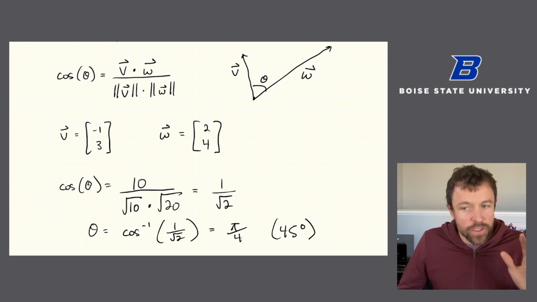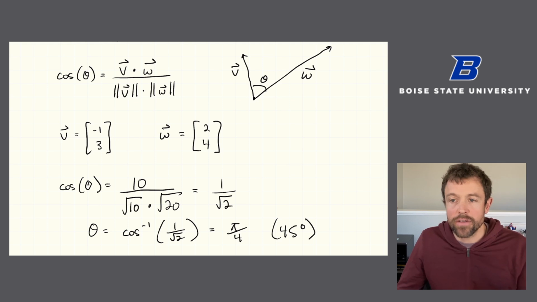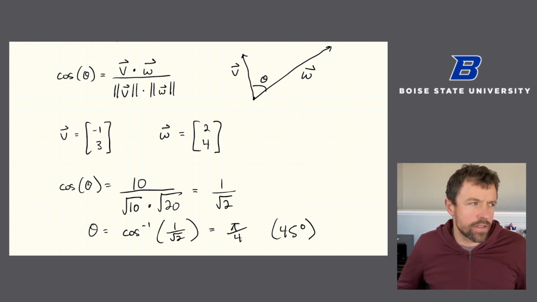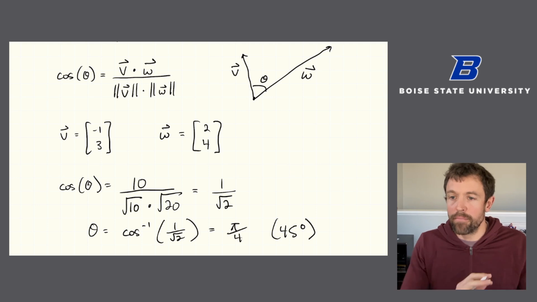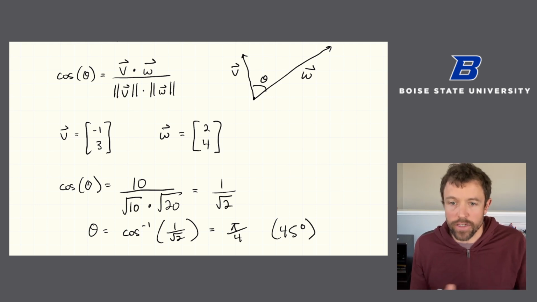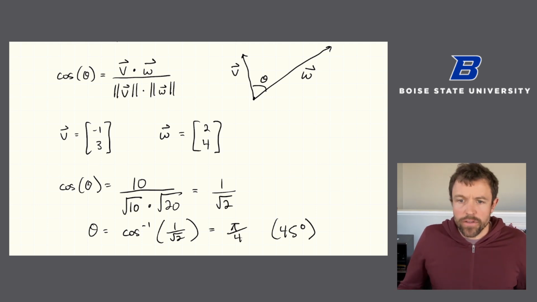But for me, visually, degrees makes more sense, right? If you tell me that an angle is 2 radians, I have no idea what that is. But if you tell me that an angle is 160 degrees, I quickly have a picture in my head. I don't think 2 radians is 160 degrees. I was just using that as an example. So I like to state them both ways, radians and degrees. So this is the angle between our two vectors.